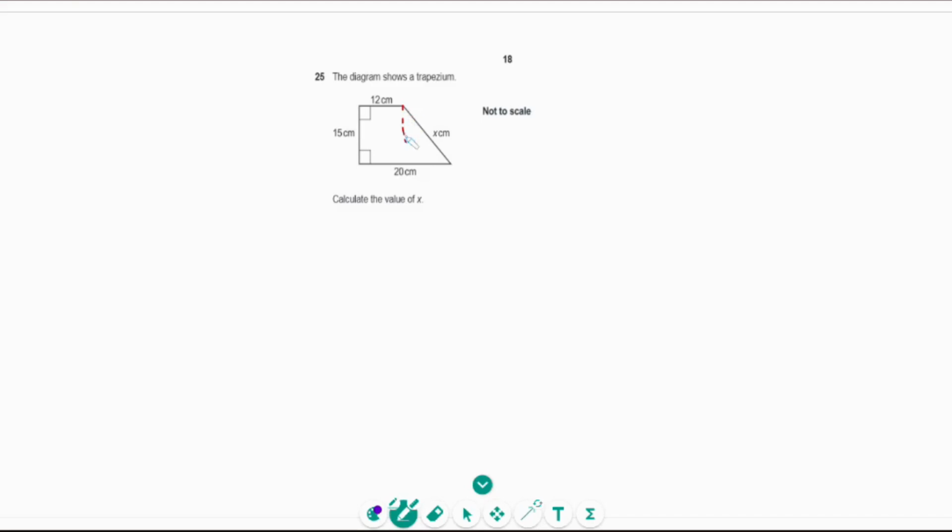But notice here we have got a right angle triangle. How about Pythagoras? So when you've got a right angle triangle, there's the option for Pythagoras or trigonometry, but part of the right angle don't have any other angles, so I know that it's going to be Pythagoras.